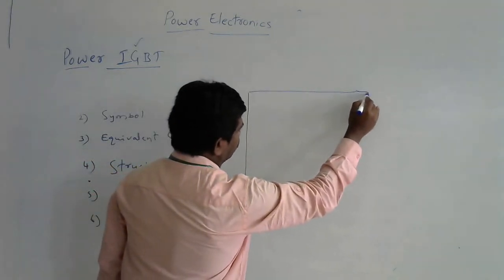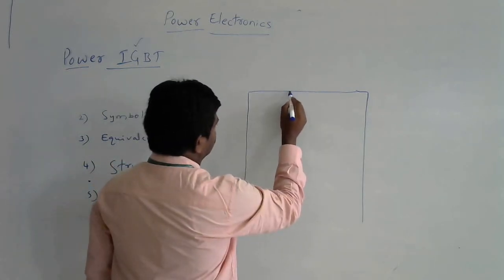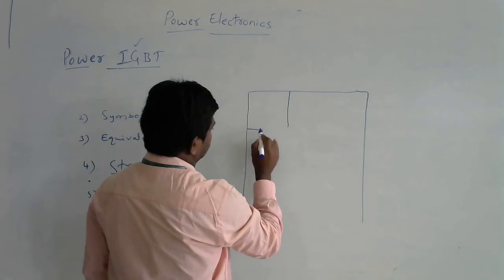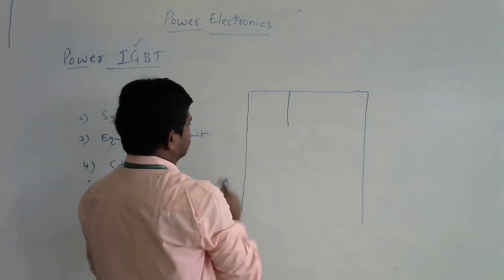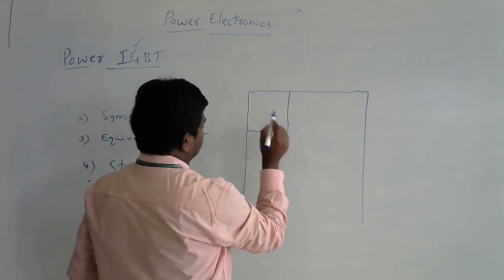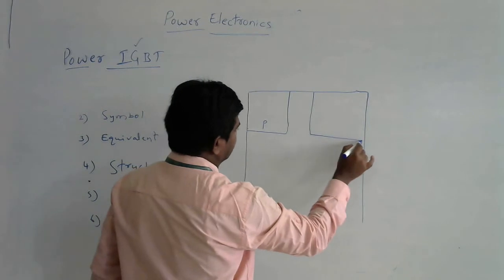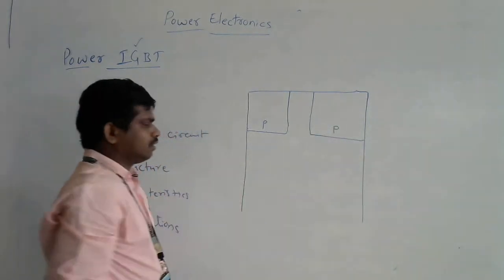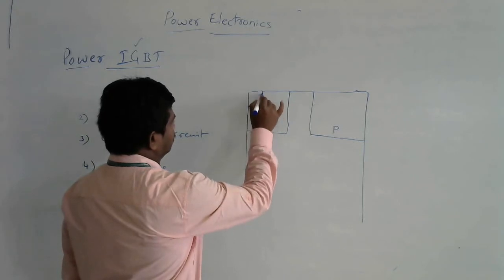I am drawing it like this. This is P-type material. This side also I have P-type material. Here I am using N plus.